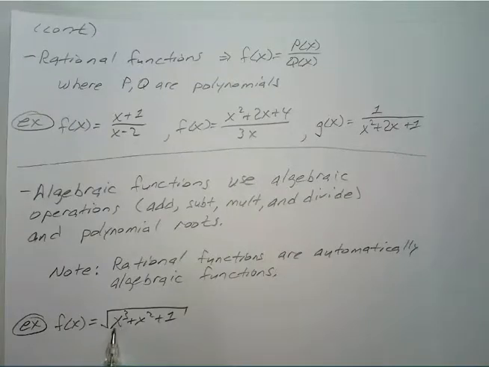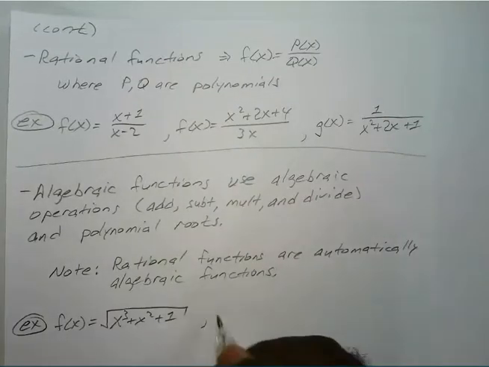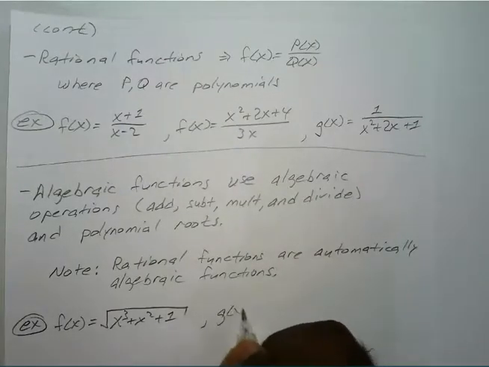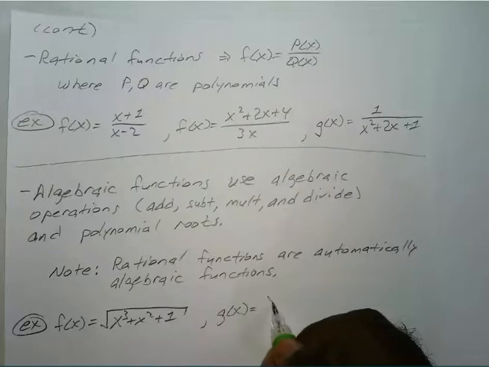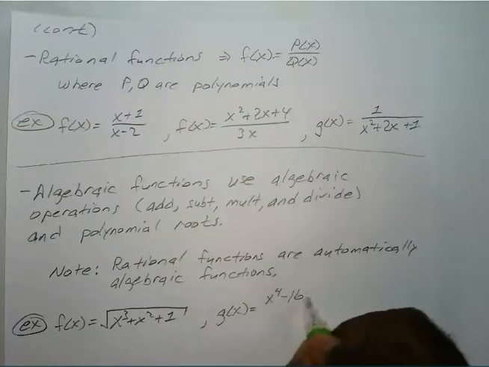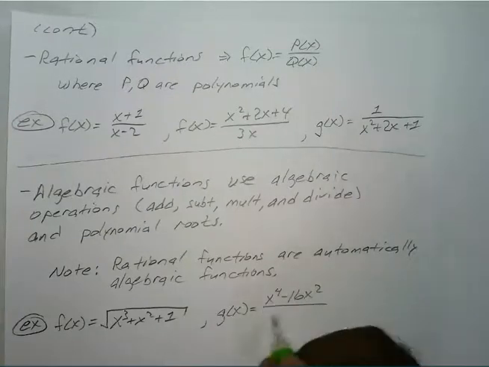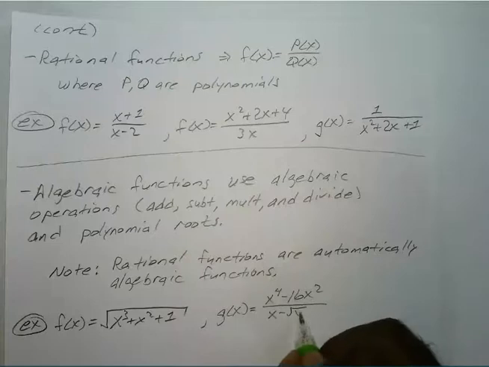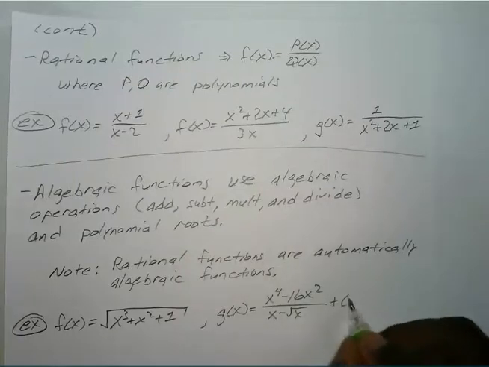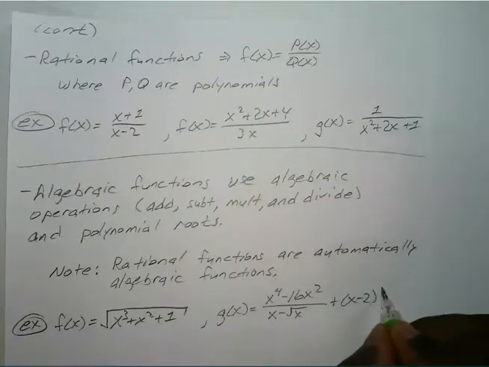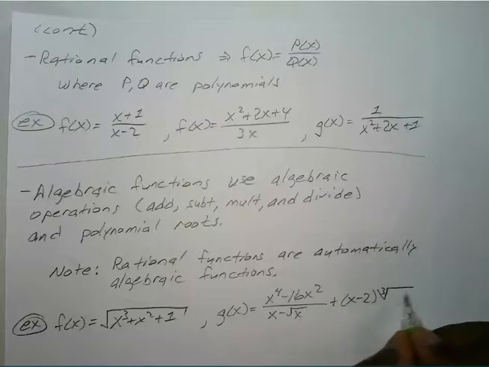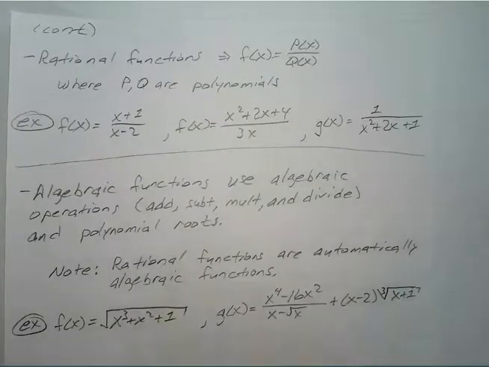But because you have the root of a polynomial, it's an algebraic function. Or even if you have g of x is equal to x to the fourth minus 16x squared over x minus square root of x plus x minus 2 times the cube root of x plus 1. This entire thing is an algebraic function.